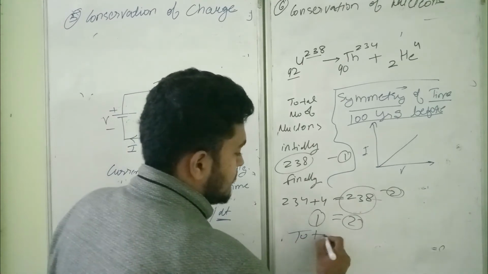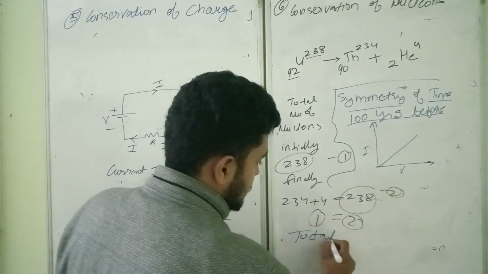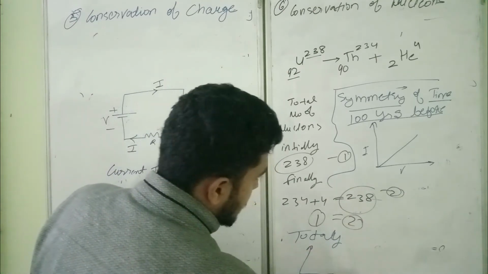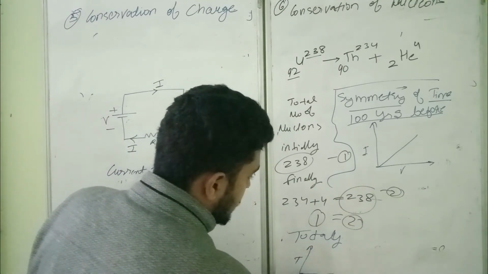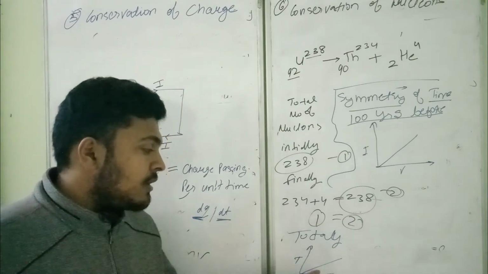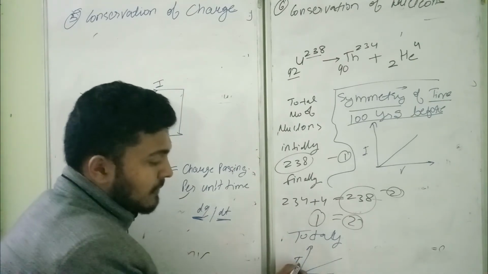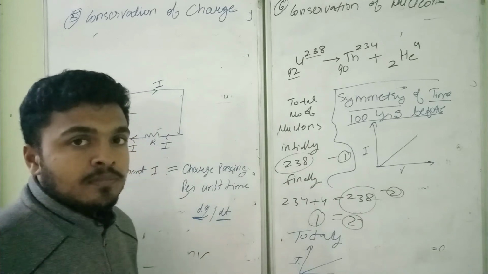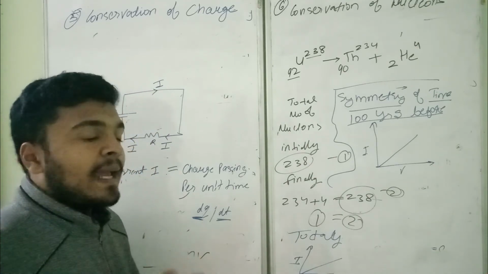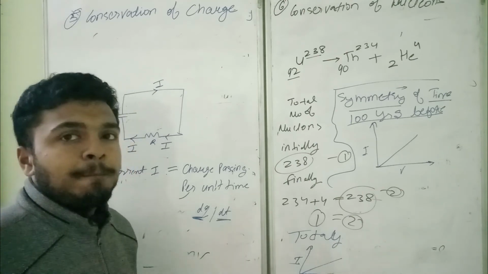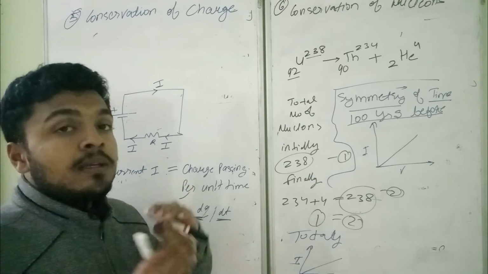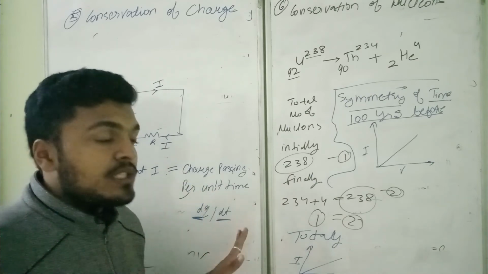And today if you perform this experiment, you know that definitely you will get this same kind of characteristic. So this means that these laws have not changed over time. Over 100 years of time, these laws have not changed.